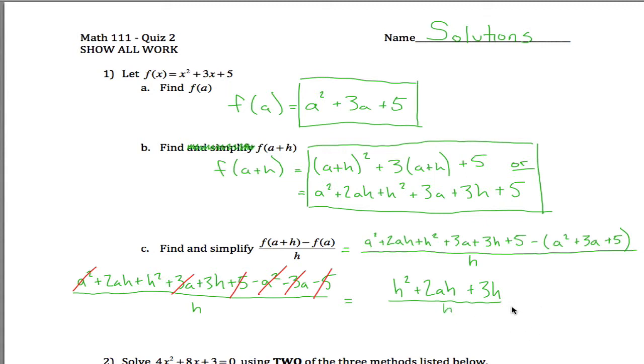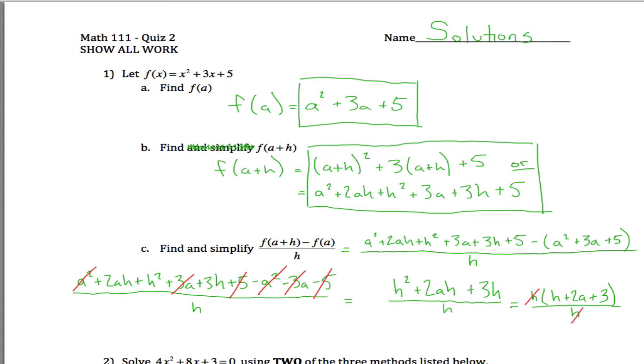Done? Almost. These guys have a greatest common factor of h. So you can pull out that h, and it leaves you with h plus 2a plus 3 divided by h. And now this h and this h cancel.